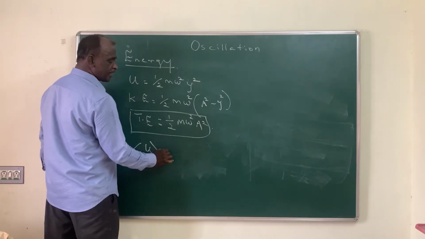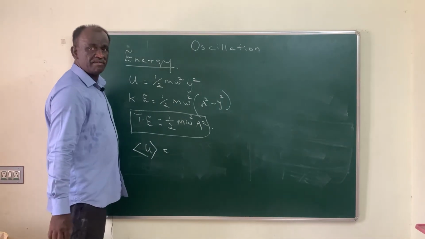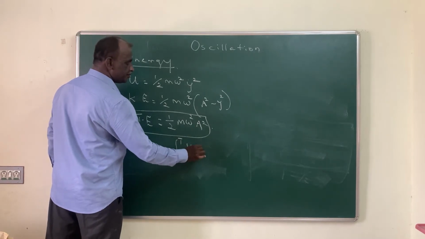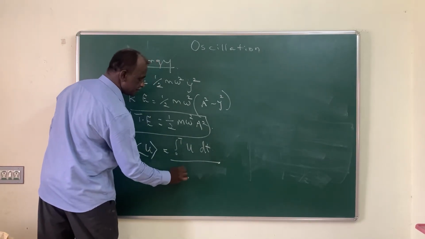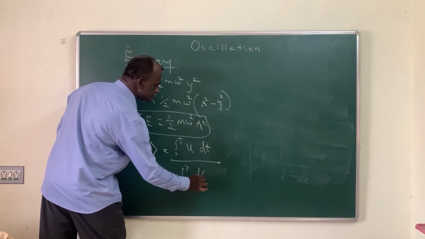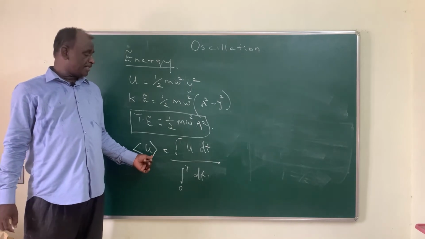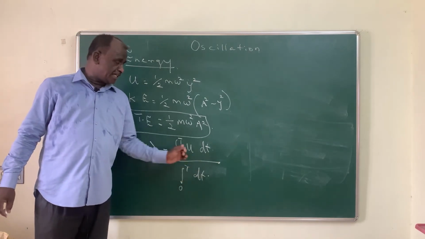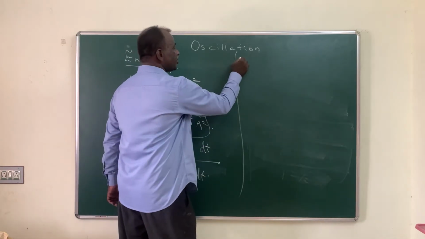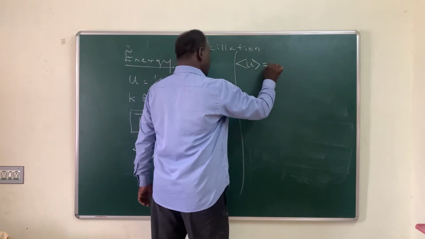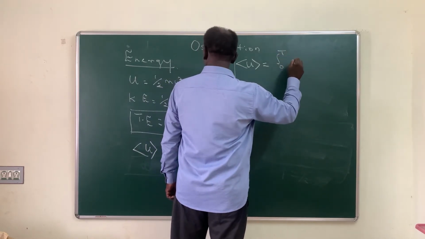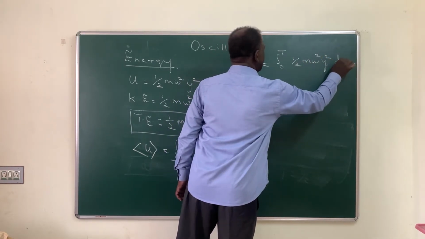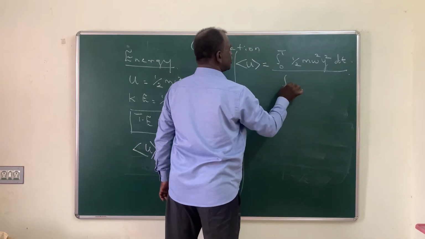Since it is a statistical average, I have to find the variation of the potential energy over one complete period, from 0 to T. The statistical average of the potential energy is given by the integral from 0 to T of U dt divided by the integral from 0 to T of dt. On substituting, the average energy is the integral from 0 to T of half m omega square y square dt, divided by the integral from 0 to T of dt.